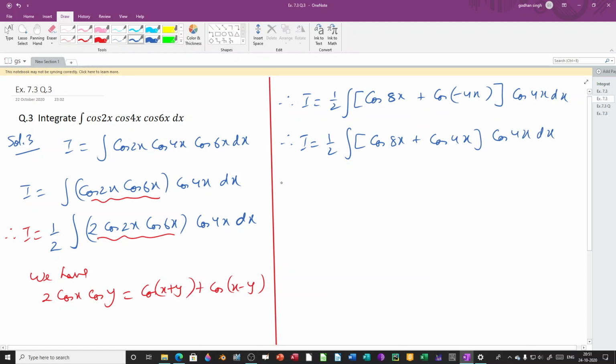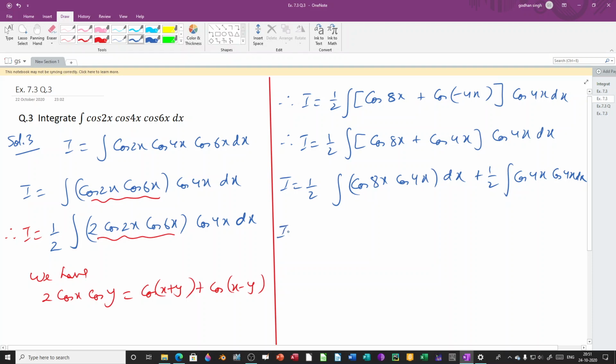Now simplifying further, we will be getting I equal to half integration of cos 8x into cos 4x dx plus half integration of cos 4x into cos 4x dx. Here also we will be doing the same thing. We will be multiplying and dividing with 2.